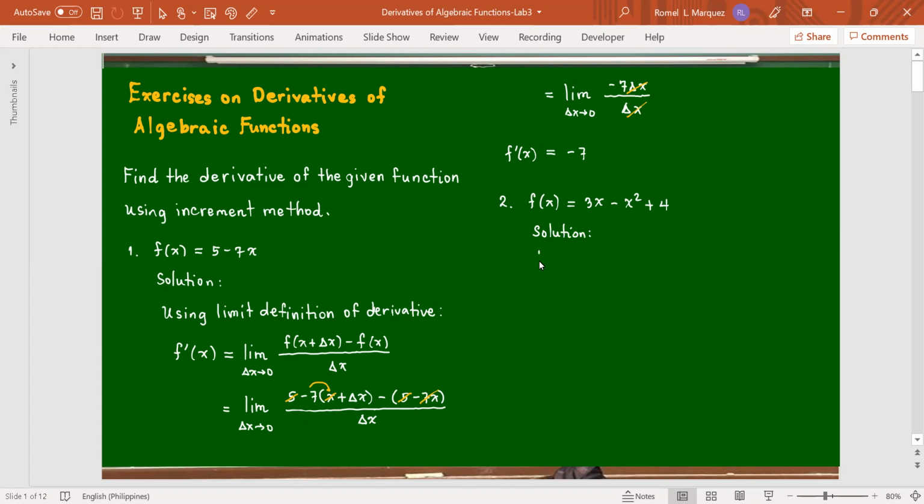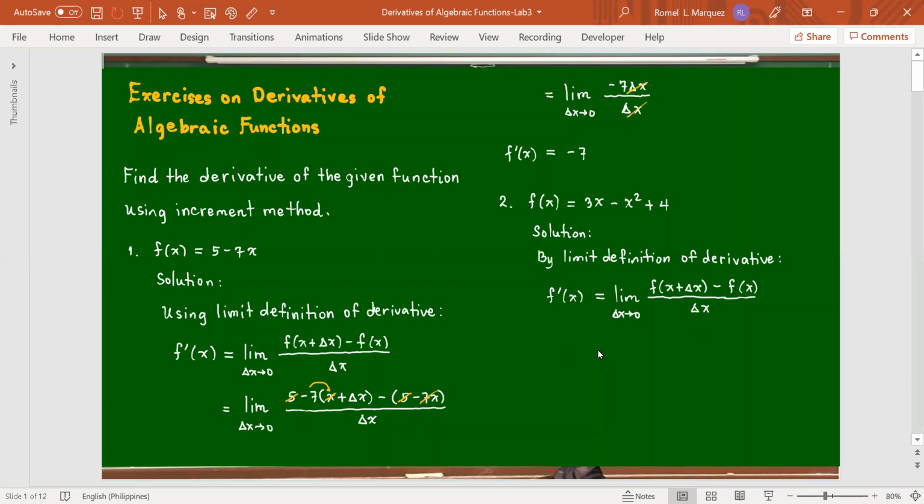By the limit definition of derivative, we have f prime of x equal to the limit as delta x approaches 0 of f of x plus delta x minus f of x, all over delta x. Okay?